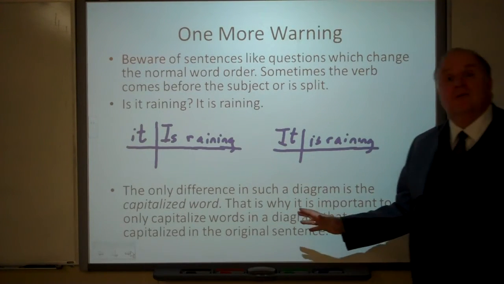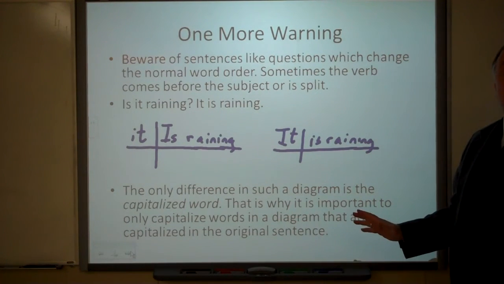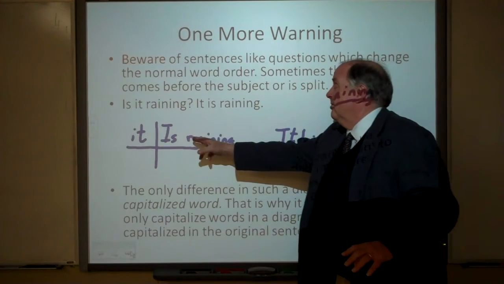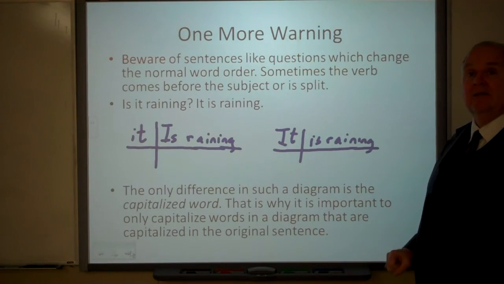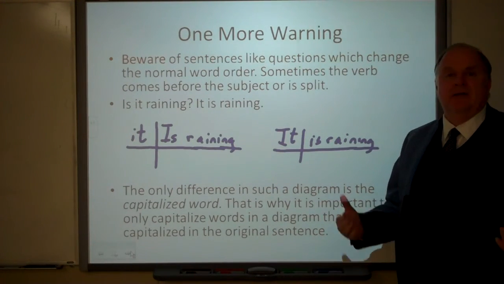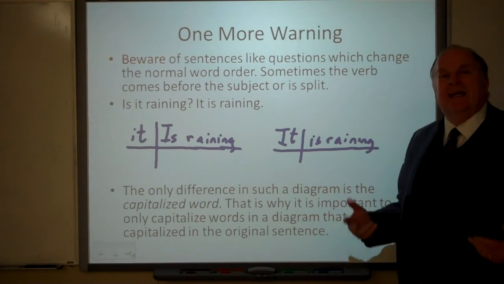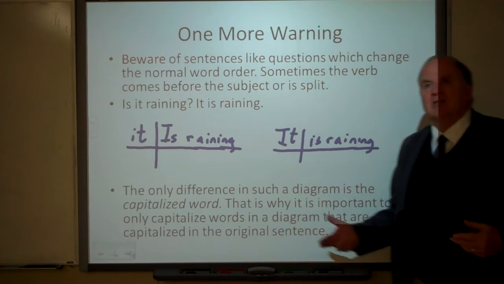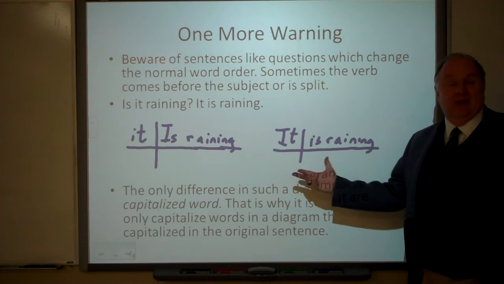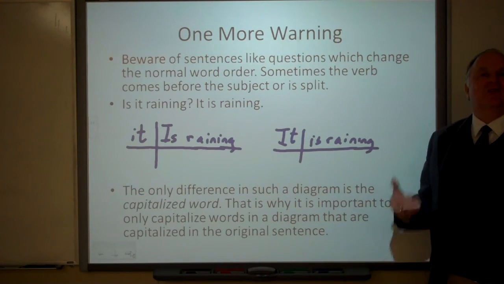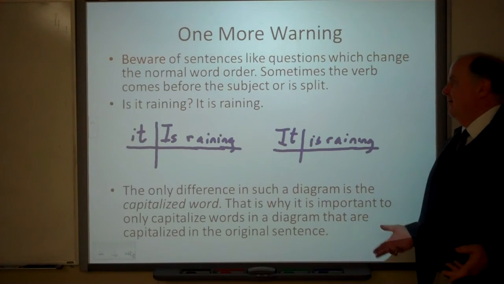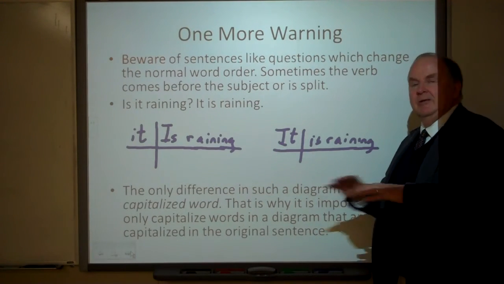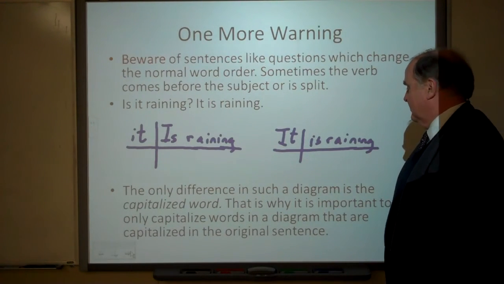The only difference is the word order. And so we show that by capitalizing a different letter. That's why it is important in your diagrams to capitalize the letter. That way, again, you're making the relationship clear, and you're, in this case, showing us whether the sentence is a declarative sentence or whether it's an interrogative sentence, whether it's making a statement or asking a question.